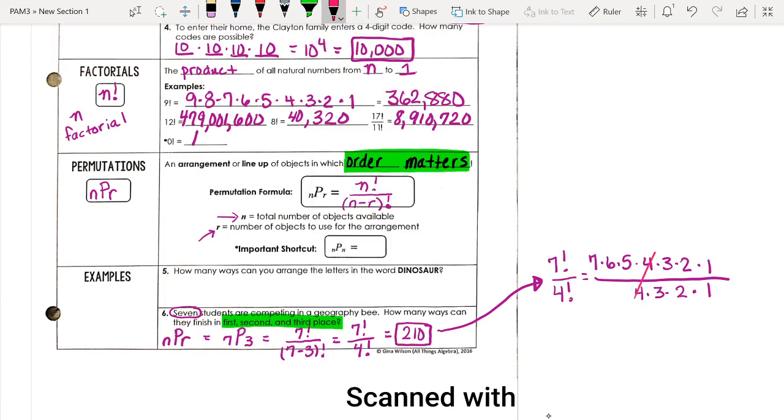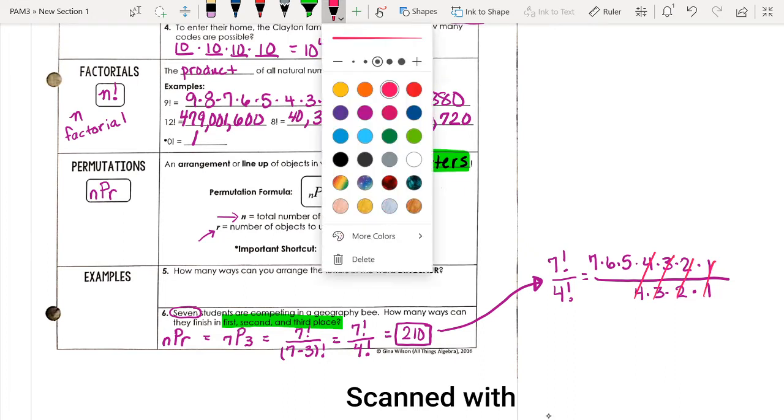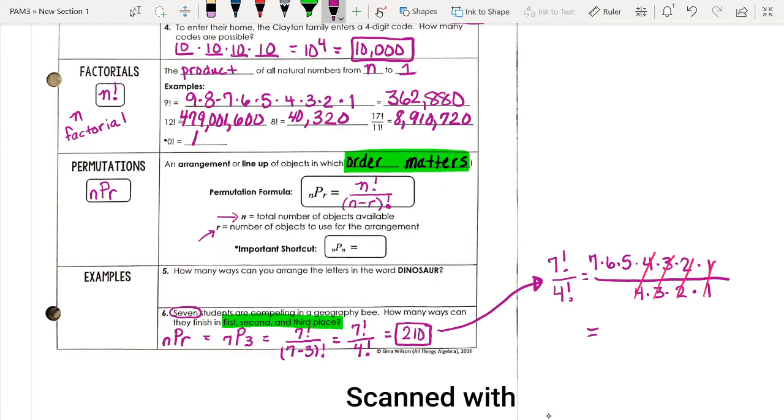The 4s would cancel, the 3s, the 2s, and the 1s. So this is actually equal to just 7 times 6 times 5, because from 4 down, they're going to cancel out. So if you do in your calculator 7 times 6 times 5, you'll get 210. So if you didn't have a calculator with a factorial button, this is another way that you could do it.